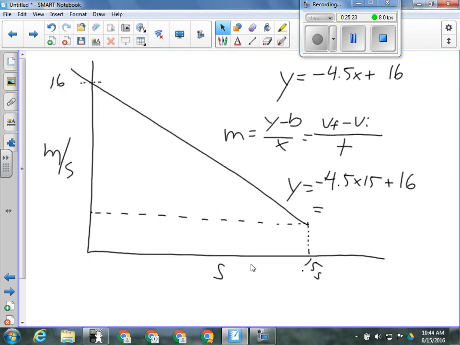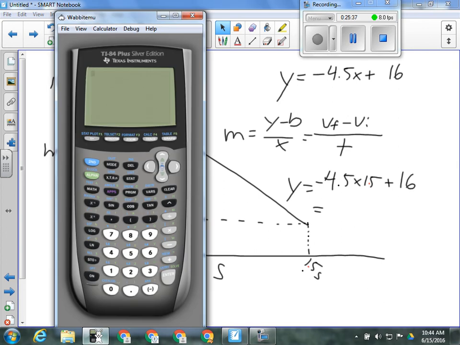We're going to change that. Instead of 15, we're going to make it 1.5, and then it'll work out better. It'll actually be above the x-axis. If I make it 15 seconds, the line will be down there on the floor, and that's just going to make our life difficult. So, for simplification's sake, we're going to say negative 4.5 times 1.5, plus 16.